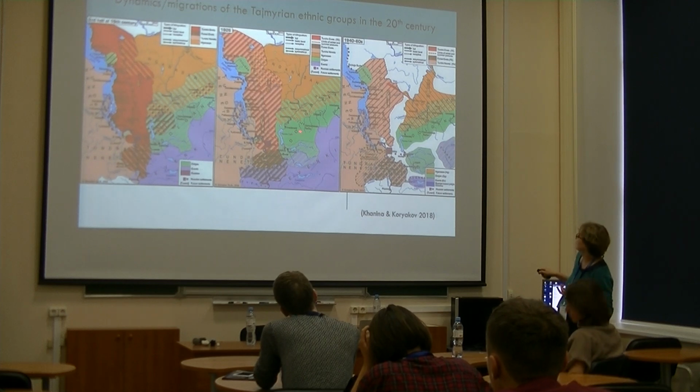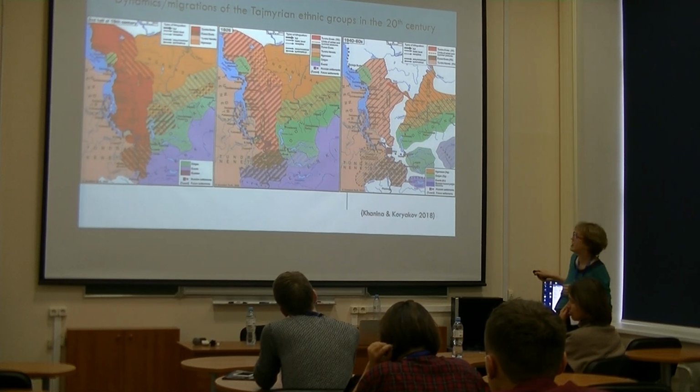And also we have here some Tundra Nenets and some forest Enets, which also became assimilated by the Dolgans, and some Evenkis, which also became assimilated by the Dolgans.